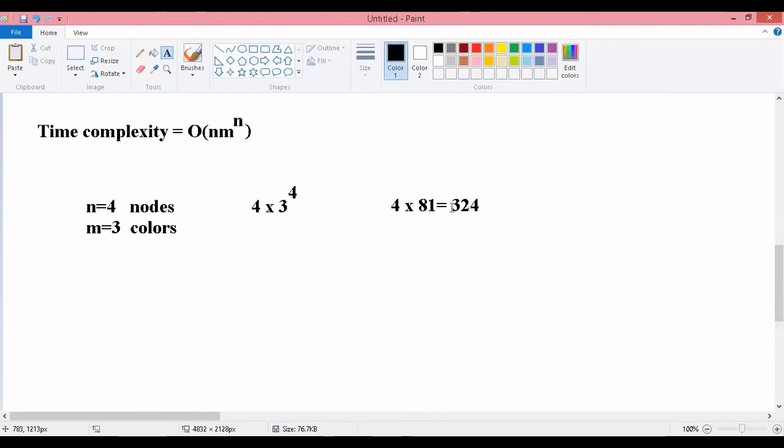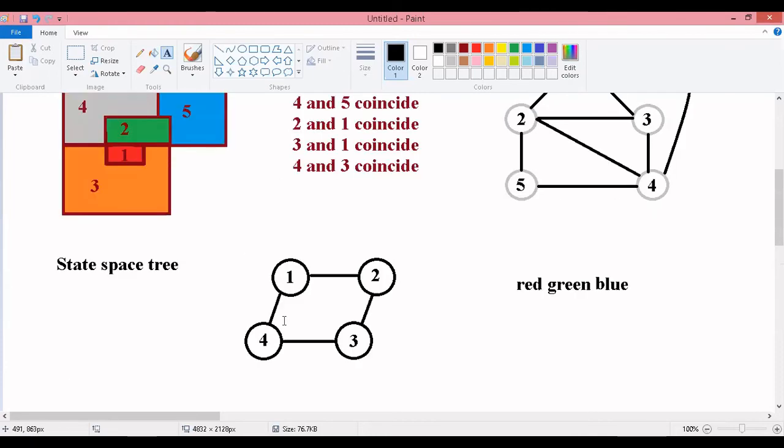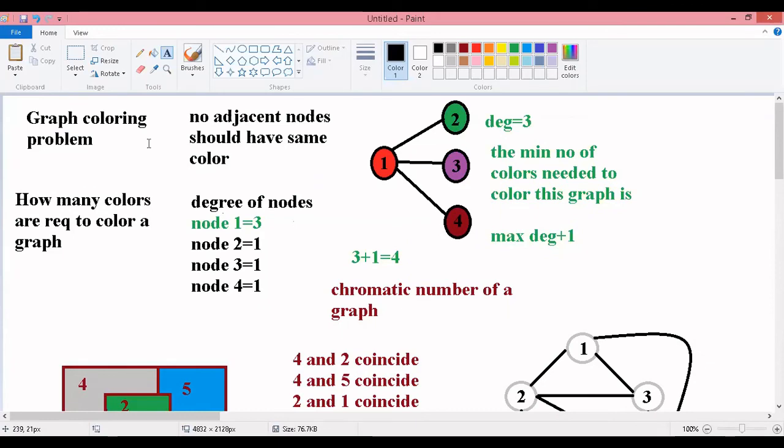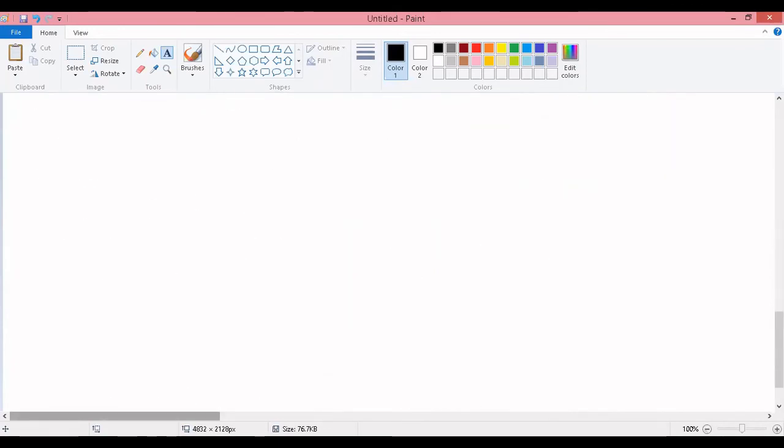Okay, students? If you want me to explain that, you have to just wait with me for 1 minute. I will take the graph again.